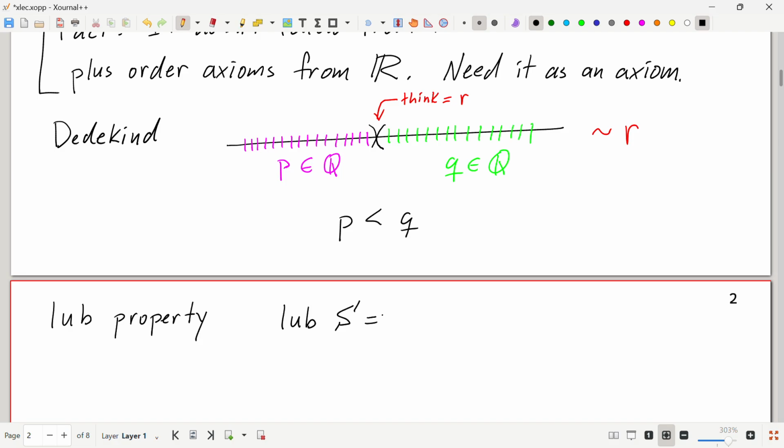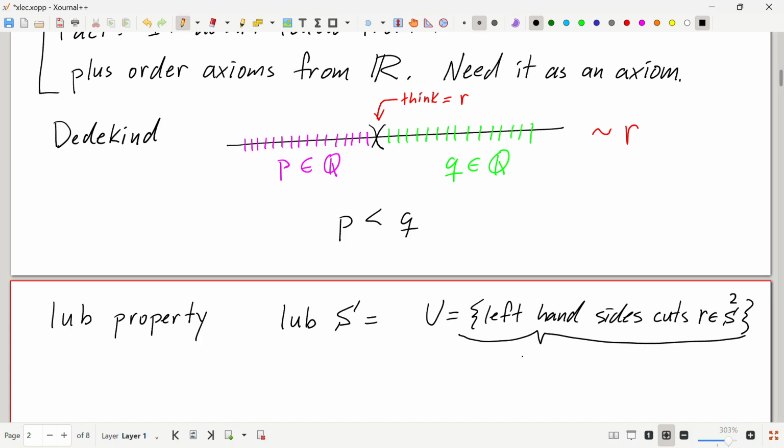So you take the union of the left-hand sides of the cuts, with the r's in S, and that's the left-hand side of the cut of the least upper bound.